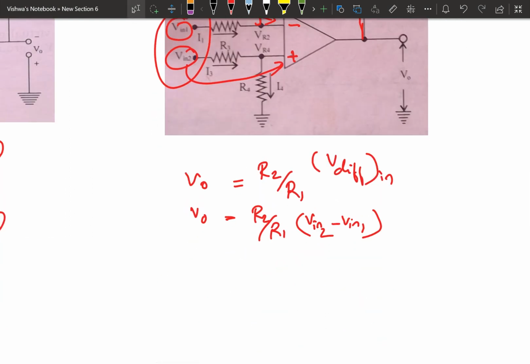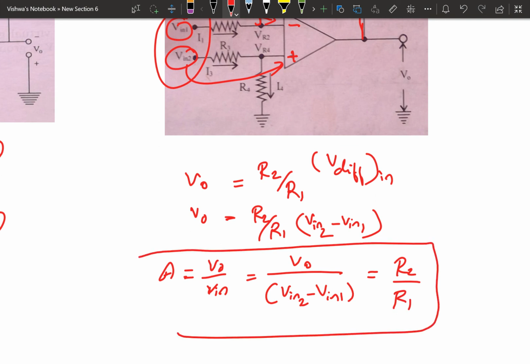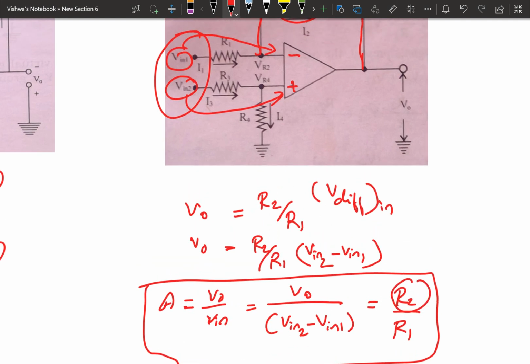Now the gain is V out by V input, that is V out divided by (V in 2 minus V in 1), equal to R2 by R1. So these are the three different relations between gain and input and output voltage or resistors, the input resistor and the feedback resistor. R2 is the feedback resistor.